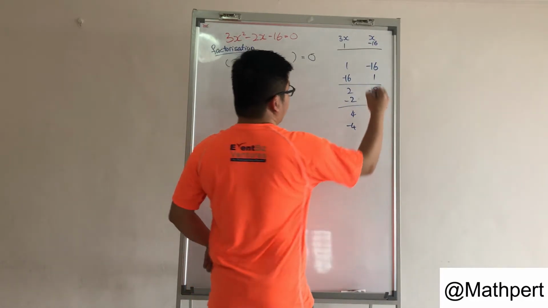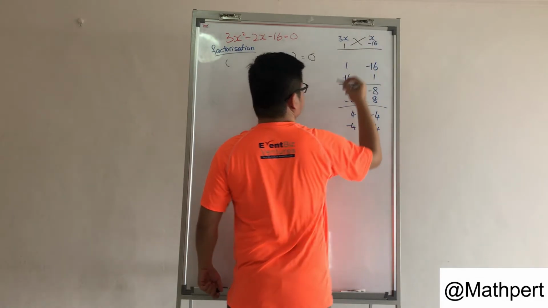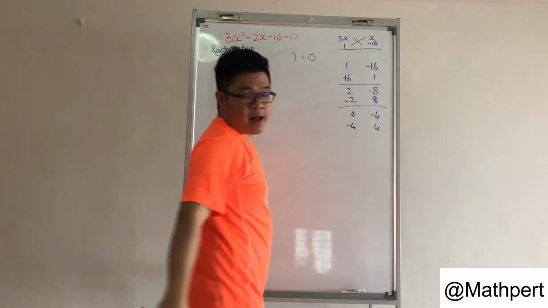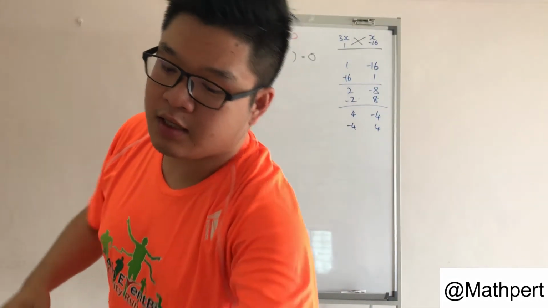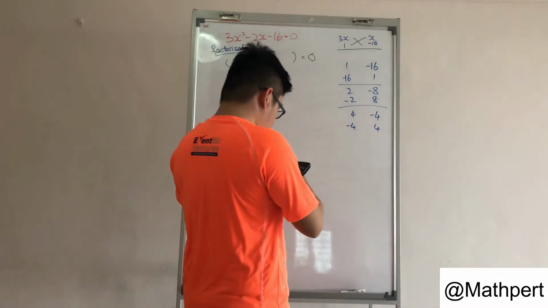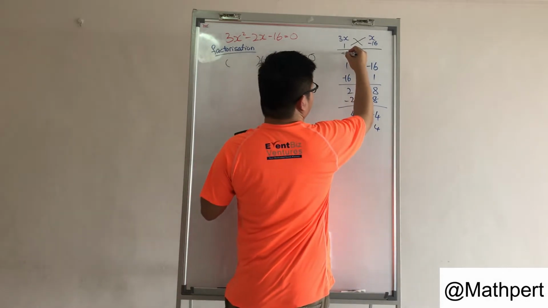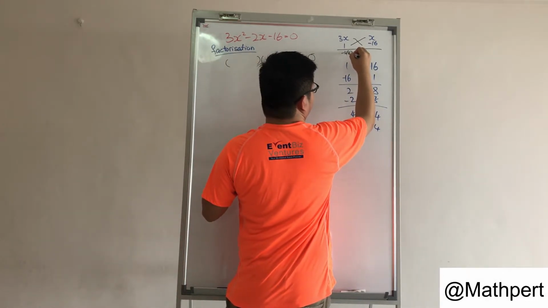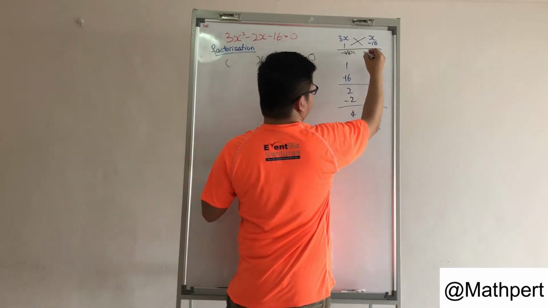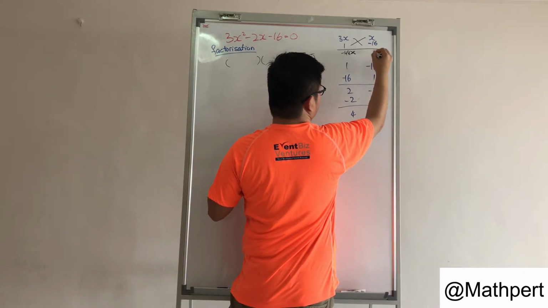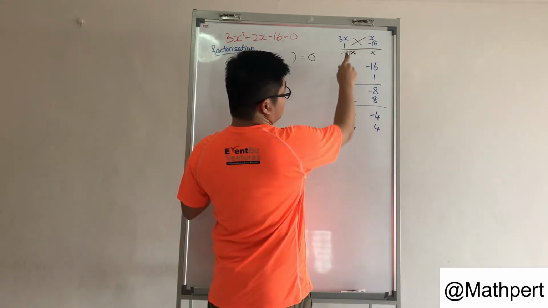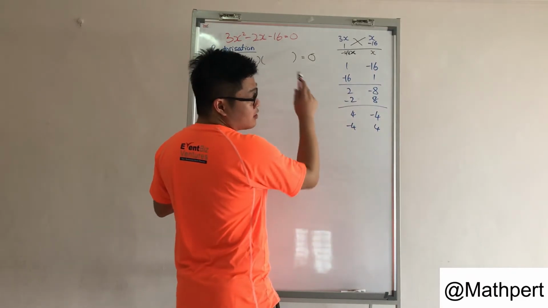We cross multiply. 3x multiply negative 16, we have negative 48x. 1 multiply x, we get x. So these two we add up together to become negative 47x.